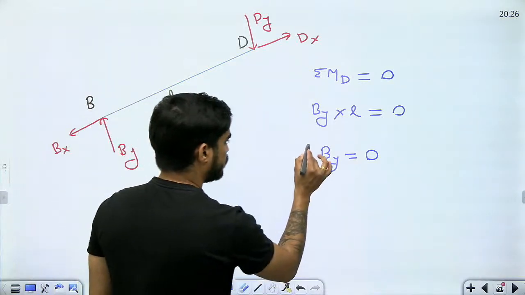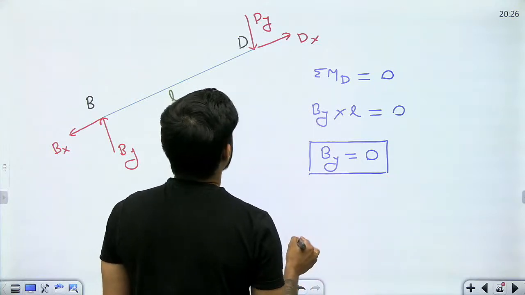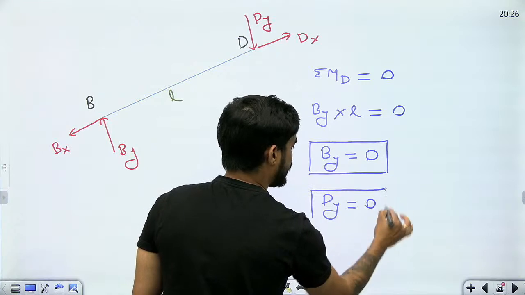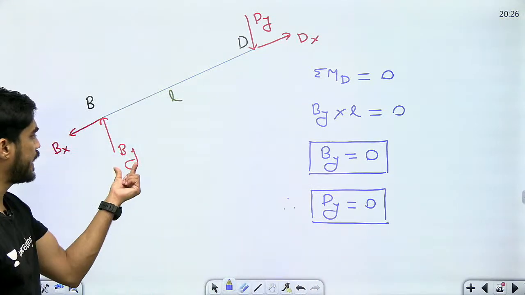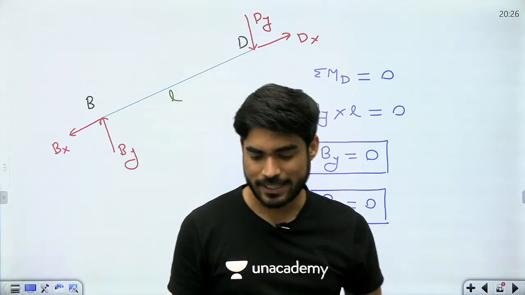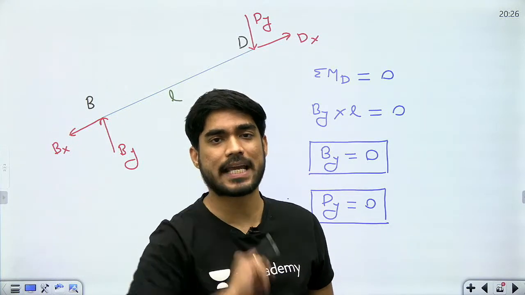If by is 0, then from summation of fy equals 0, dy will also be 0. So there is only one force in BD.